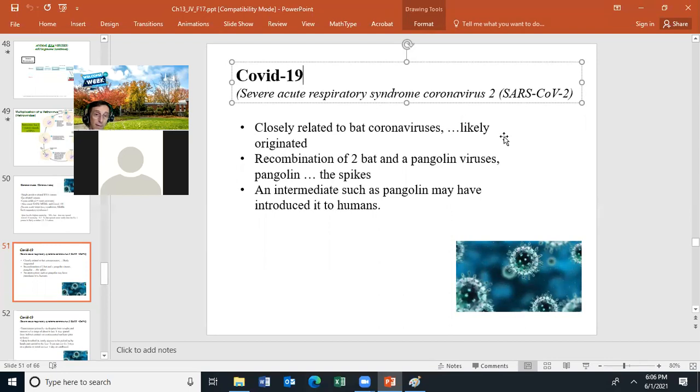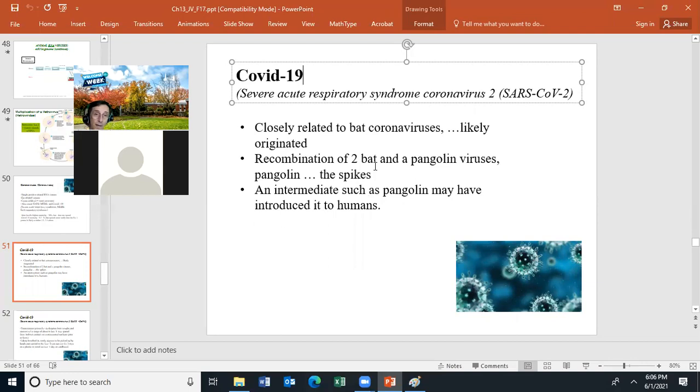So it's a recombination of 3 different coronaviruses. The pangolin only accounts for a small percentage of the genome. I think it might be about 10%, but it codes for the spikes of the coronavirus. And then the rest of the coronavirus is encoded by bat coronaviruses.